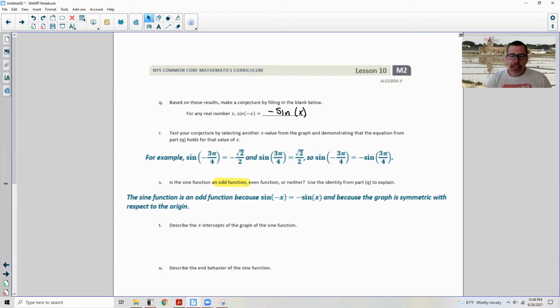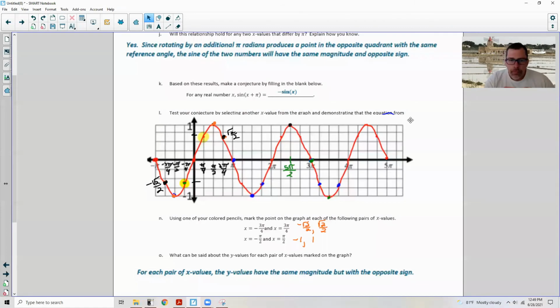F. Describe the x-intercepts of the graph of the sine function. Okay, so here is the graph again. So here is an x-intercept, x-intercept, x-intercept, and so on.